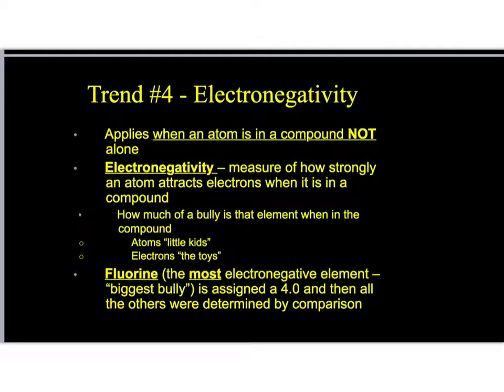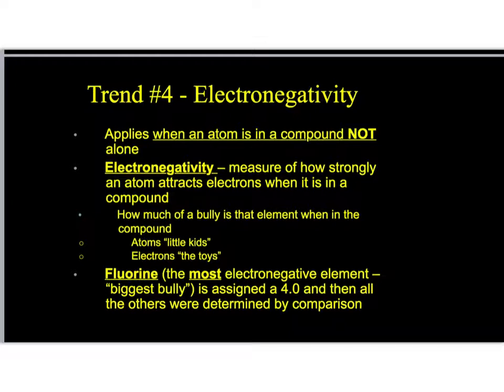Before we move on, I do want to mention that it says fluorine is the most electronegative element. Now, why is fluorine the most electronegative and not helium? Well, we just said that electronegativity is how strongly atoms attract electrons. Do noble gases attract electrons? No, they don't, because remember, noble gases are already satisfied. They're not going to gain or lose any electrons.